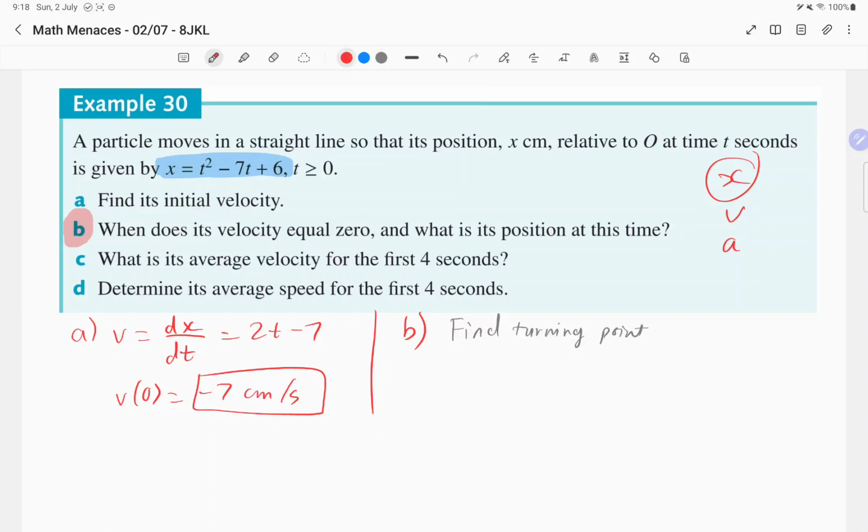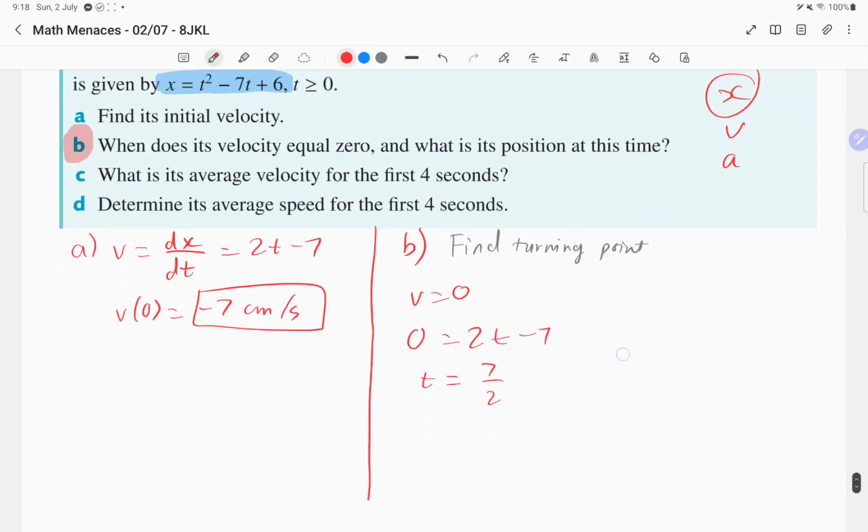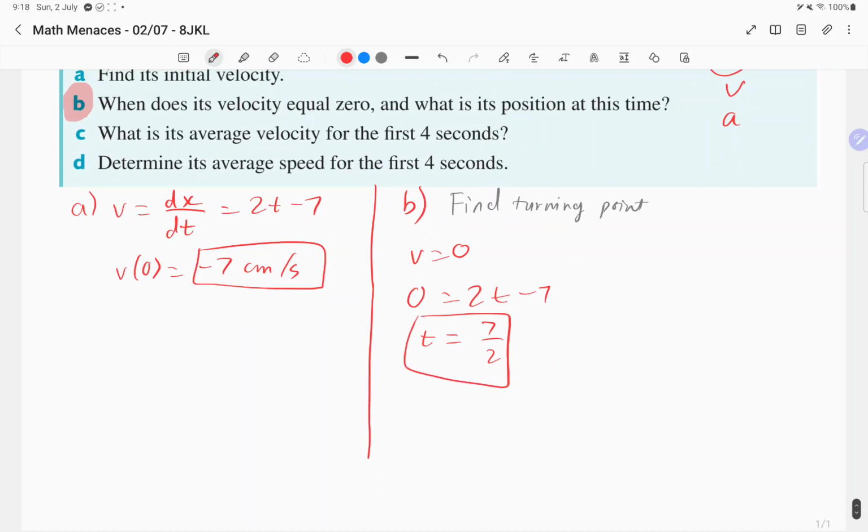Finding the turning point, set velocity equal to 0. So you get 0 equals this thing, and then you get t equals 7 over 2. And then they ask for the position at this time. How do we find position? You substitute it back into the original.